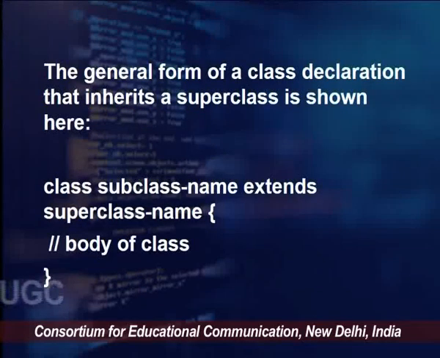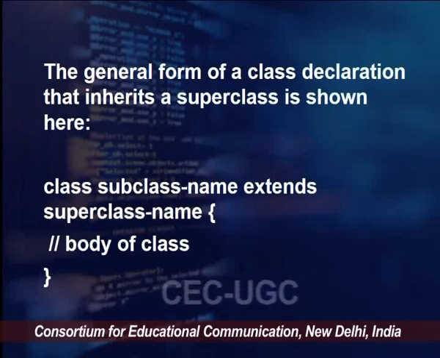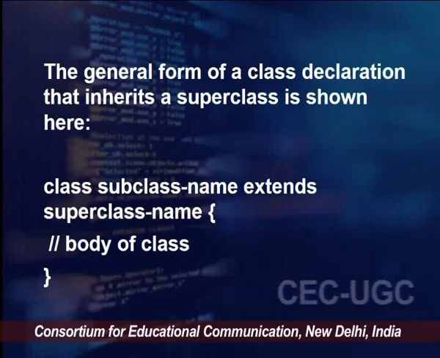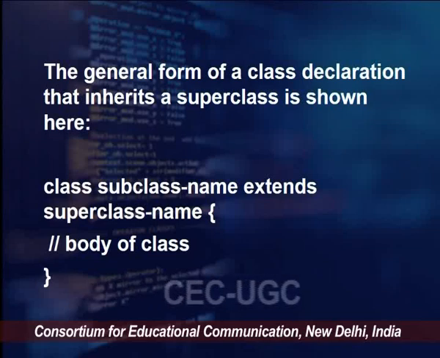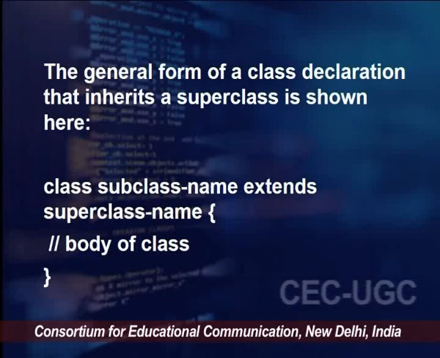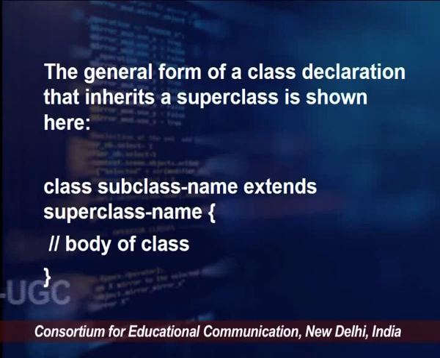The general form of a class declaration that inherits a superclass is shown here on the screen. So we have class subclass name, for example, class car. This is with reference to the example which we have just taken. So class car extends vehicle.